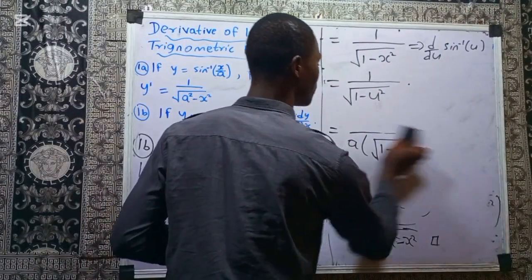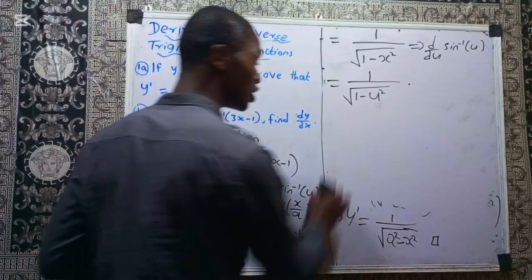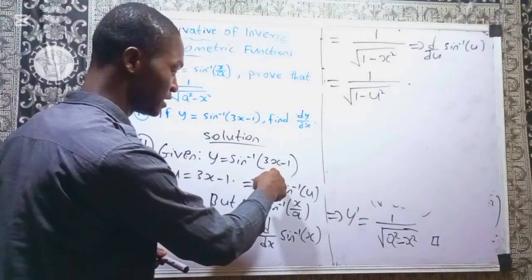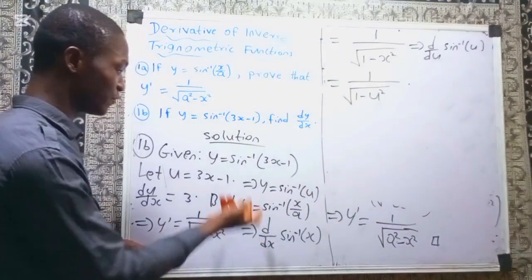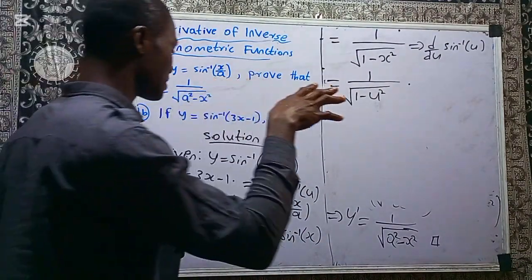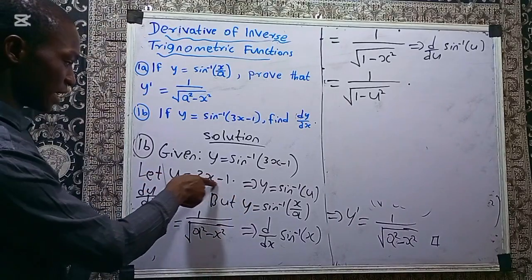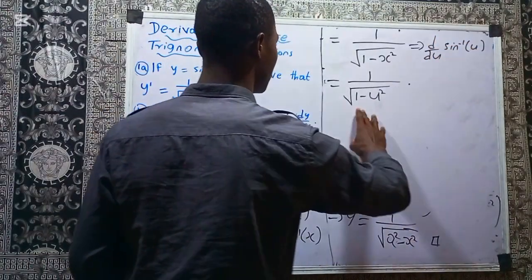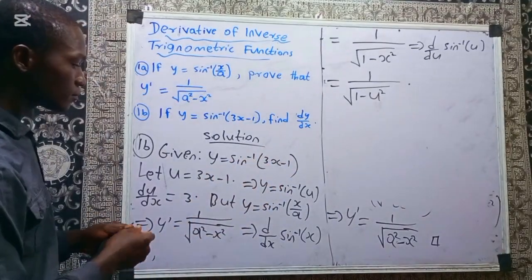But you know from chain rule, as I explained earlier, you differentiate the inside, multiply by the derivative of the outside, right? So that's what I've done.